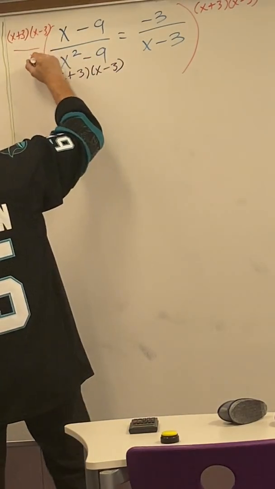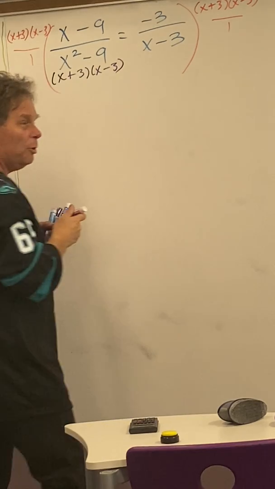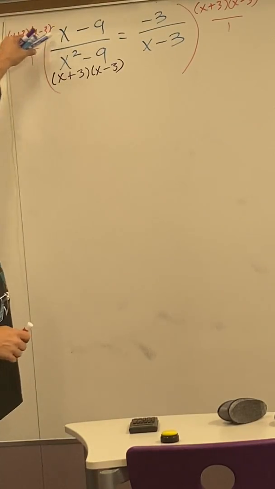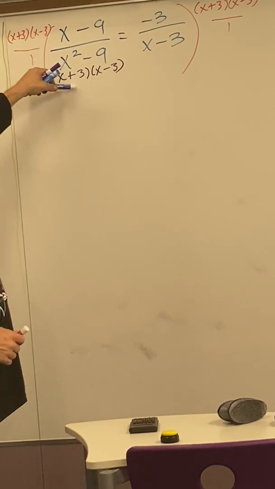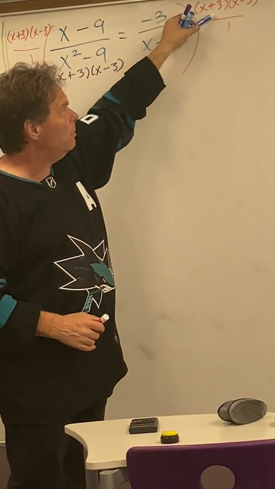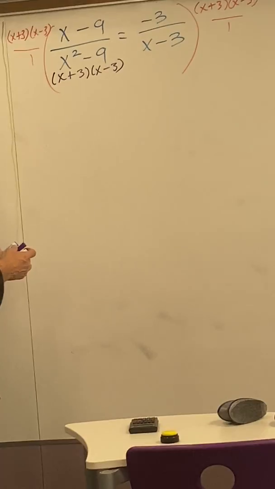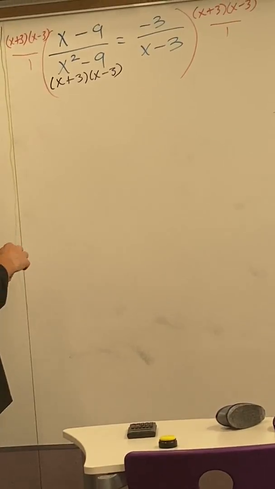You can think of them as being over 1 if you want. The reason I put it that way is so you realize these are in the numerator upstairs, able to cancel with this denominator here. The numerator here, able to cancel with these denominators here, okay? So here's the deal. Let's cancel.